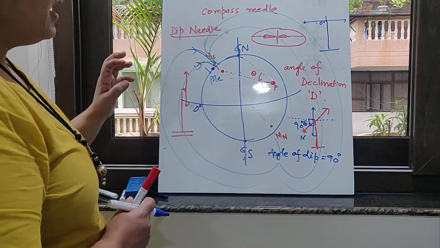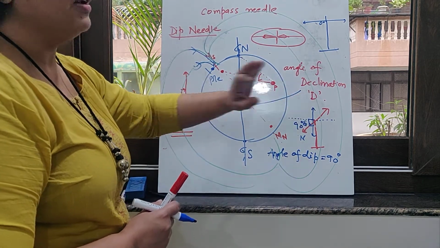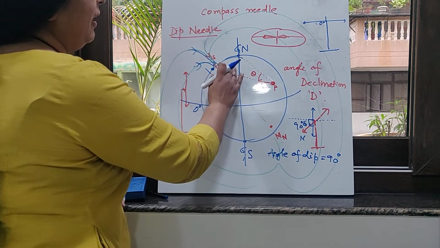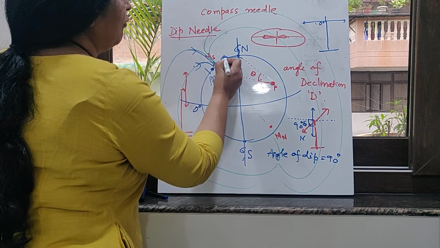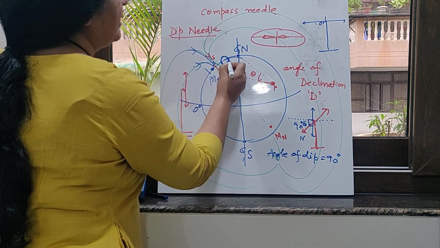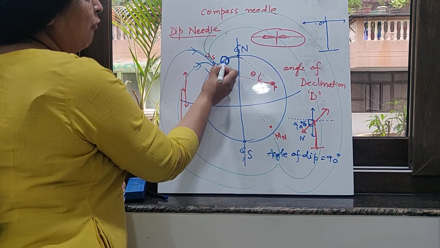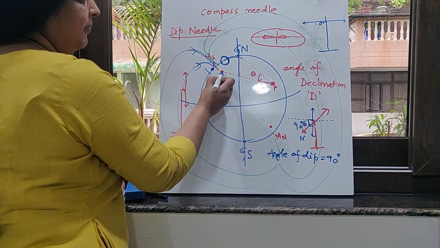Now we want to understand what is the range of variation of the angle of declination that we earlier discussed. Now I will take the compass needle here. All of you please see it carefully. Let us say that the compass needle is here. The compass needle wants to point in the direction of the south pole.